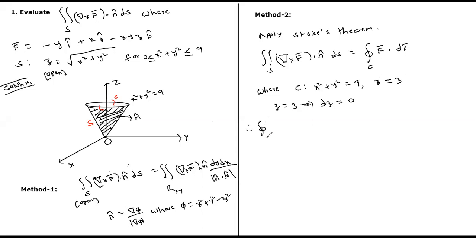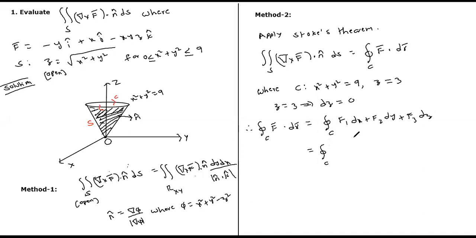Therefore, the integral over C of f bar dot dr bar is actually equal to the integral over C of f1 dx plus f2 dy plus f3 dz. But dz is 0. What is f1?